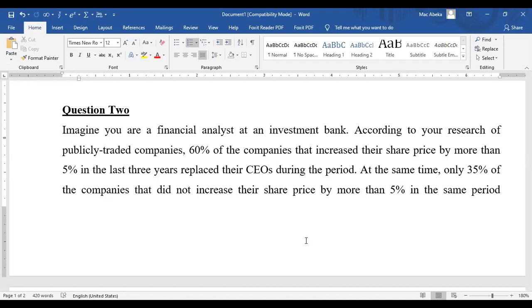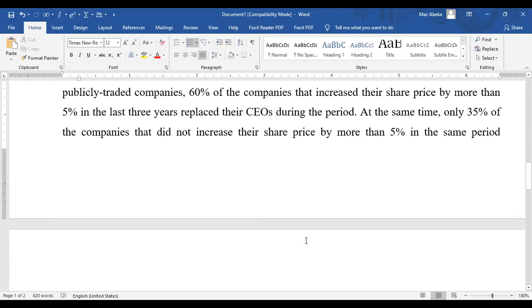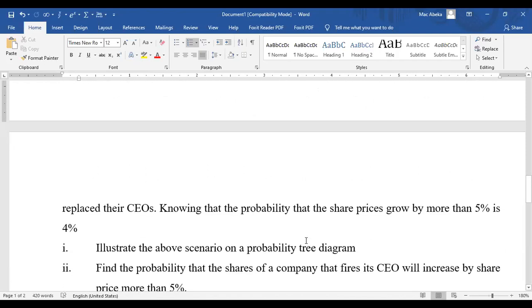All right. The question says that at the same time, 35% of companies that did not increase their share price by more than 5% replaced their CEOs. So here, not increasing the share price is the prior event, and still replacing the CEOs is the posterior event. So we are looking at the probability of replacing CEO based on the fact that you did not increase your share price, which is 0.35.